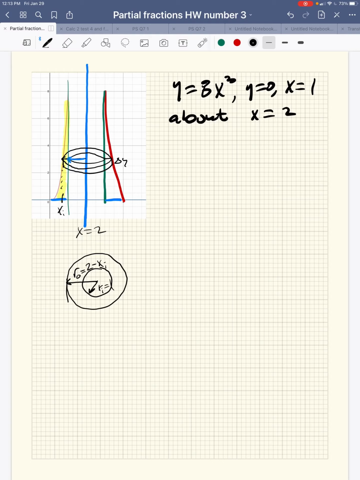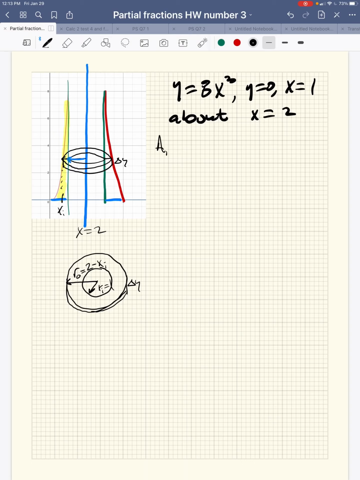Okay, then the thickness of this washer would be delta y. So what we would need to do is find the area of that face and then multiply it by the thickness to get a representative volume.